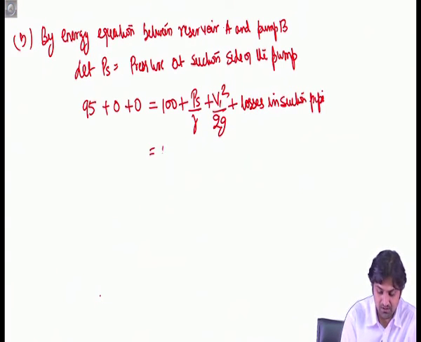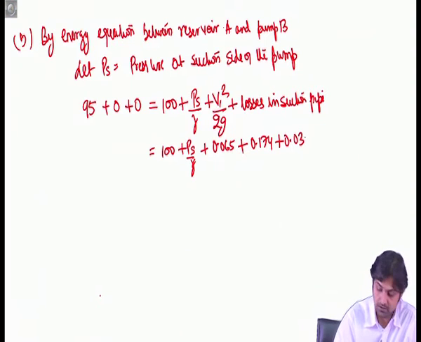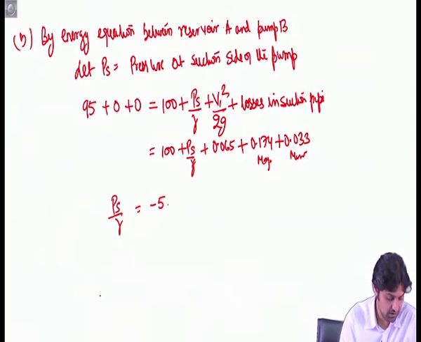So this will be 100 plus PS by gamma, and V1 square by 2G is going to be 0.065, because V1 we have already found out, plus losses in the suction pipe, which is 0.174 major and 0.033 minor loss. So PS by gamma can be found to be minus 5.272 meters.